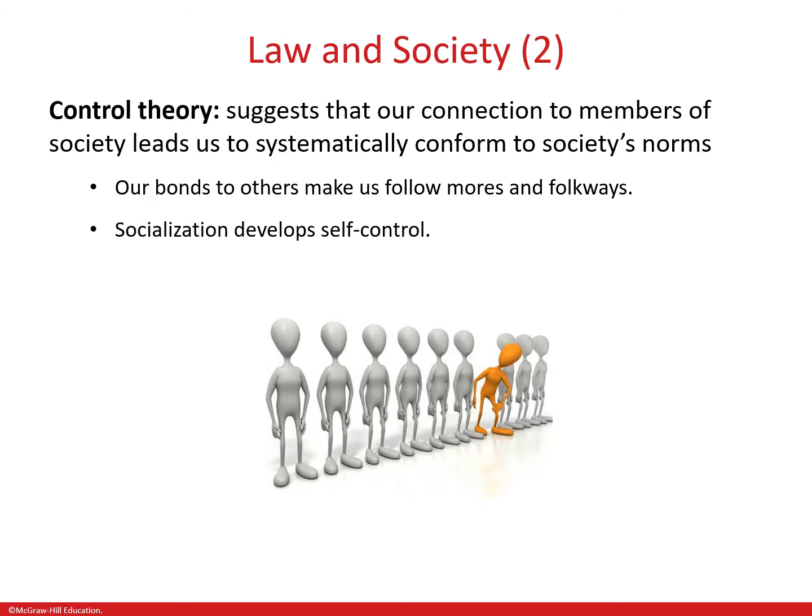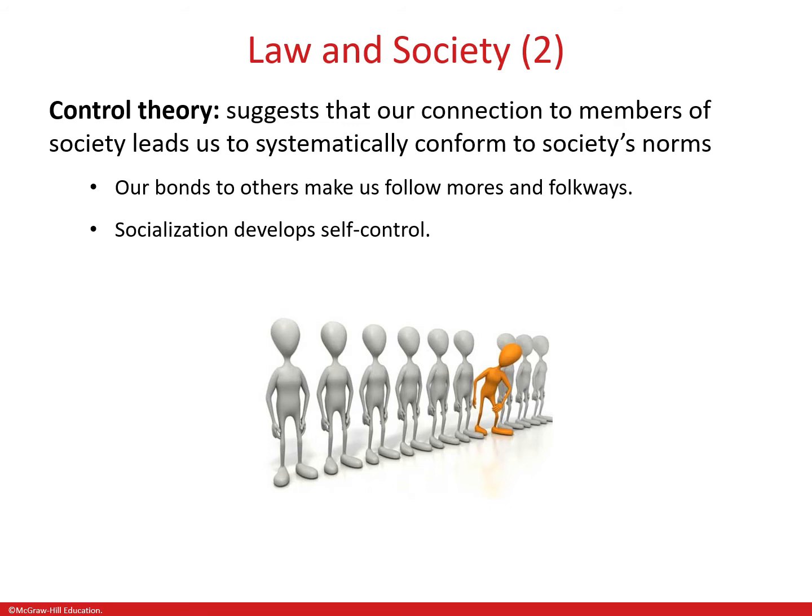Now, there's a sociologist by the name of Travis Hirschi, who suggests that our connections to our family members, our friends, our peers, lead us to systematically conform to society's norms. And this is known as control theory. Socialization is the main source of our obedience to many laws and to the control.